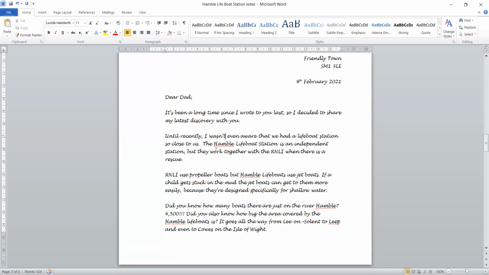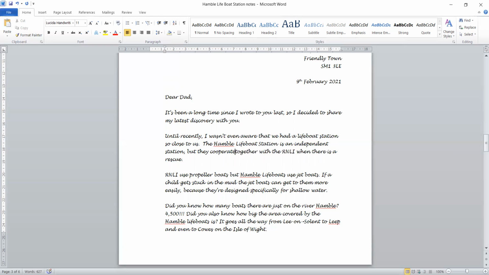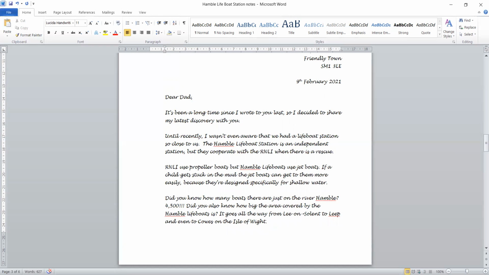I think I can change my verb work to cooperate. Cooperate. We wouldn't say cooperate together. In that case, I need to take the together out. They cooperate with the RNLI when there is a rescue.